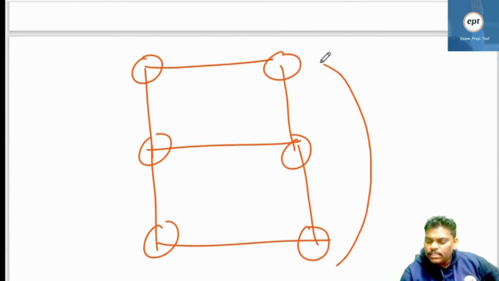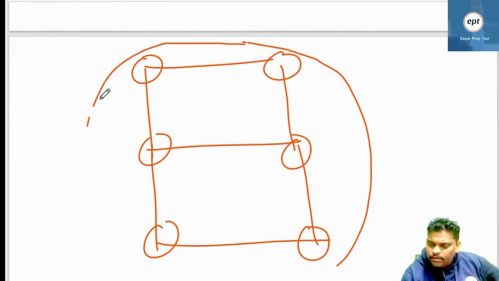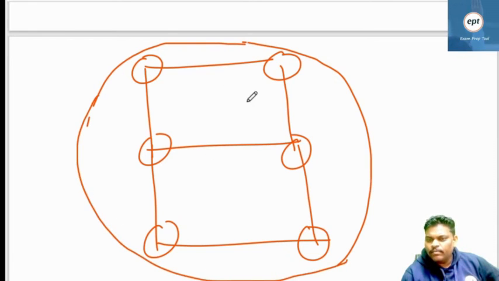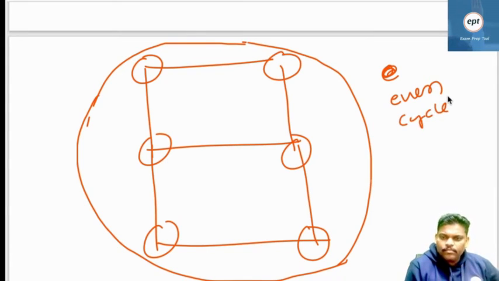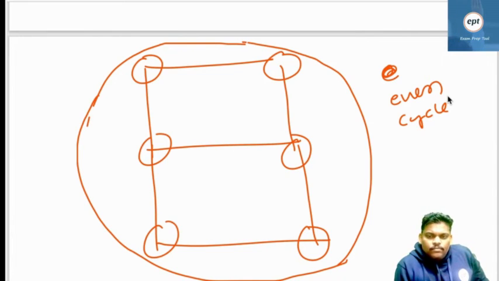Listen everyone now. Does this graph contain even cycle or odd cycle?